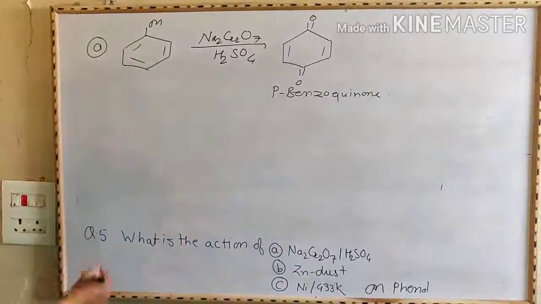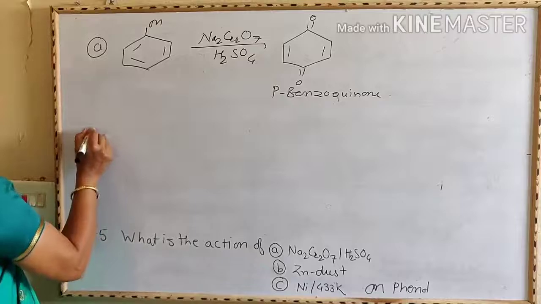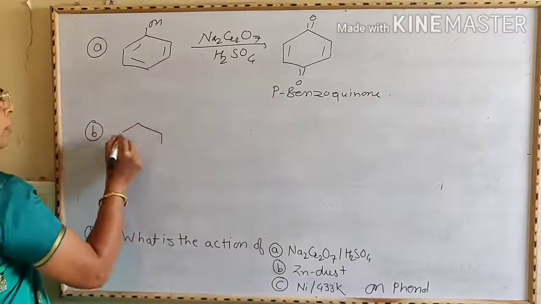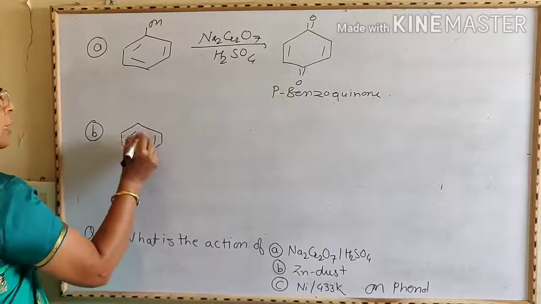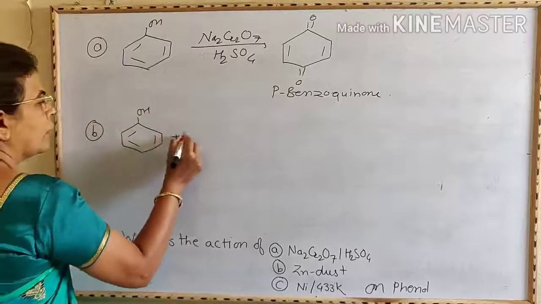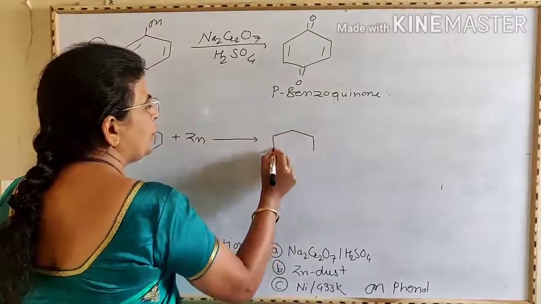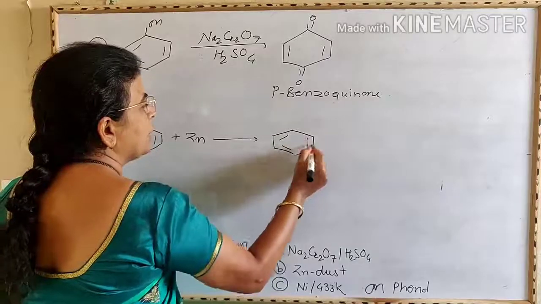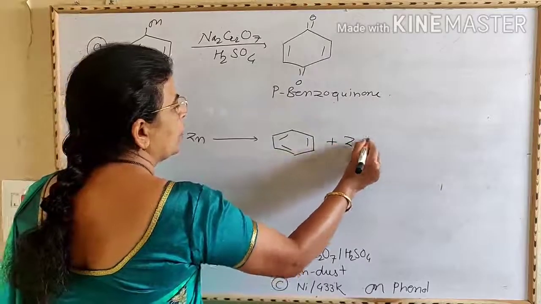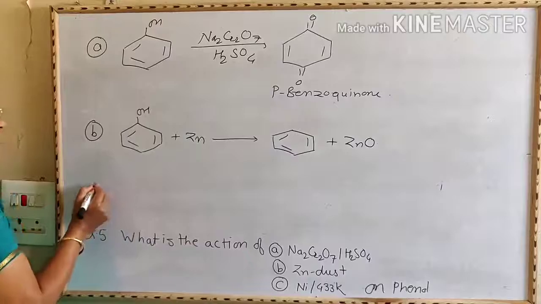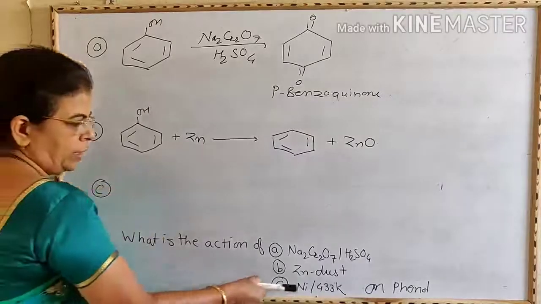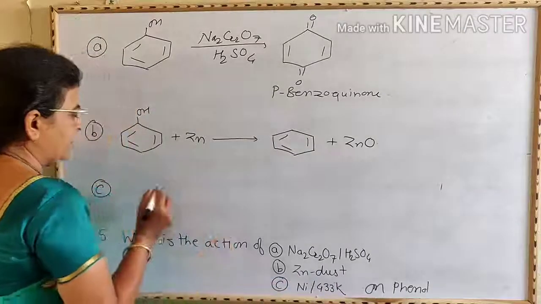Then second one, B, action of zinc dust. Now when phenol is treated with zinc dust, it undergoes reduction to give benzene plus ZnO. And third, nickel at 433 Kelvin.